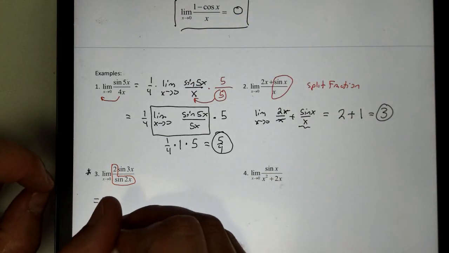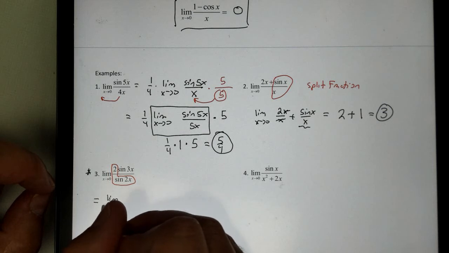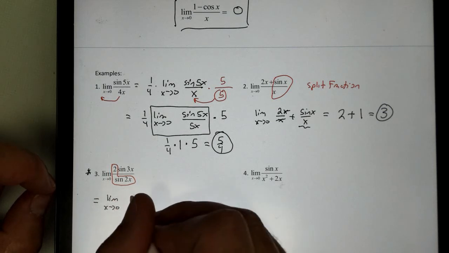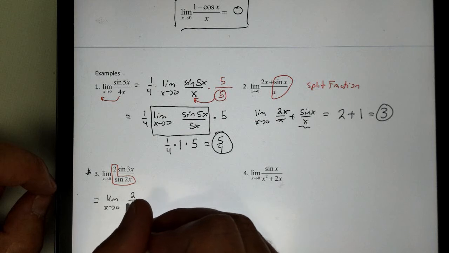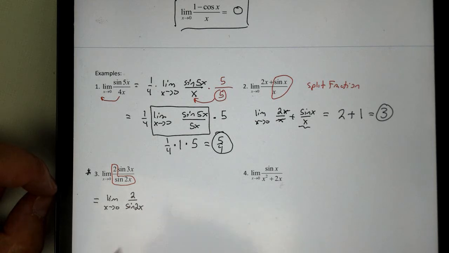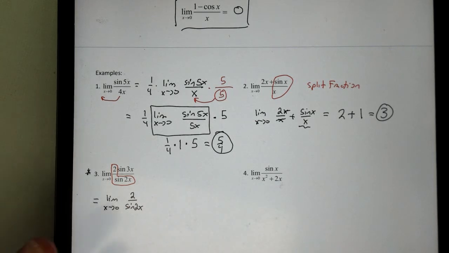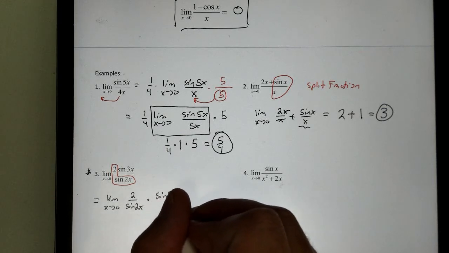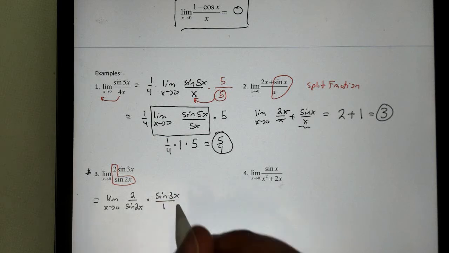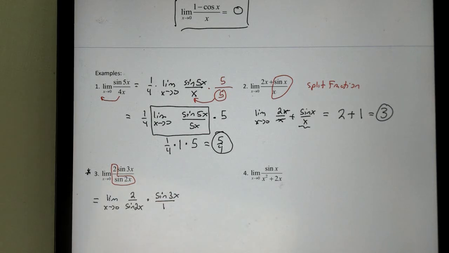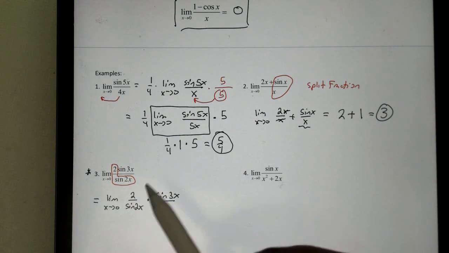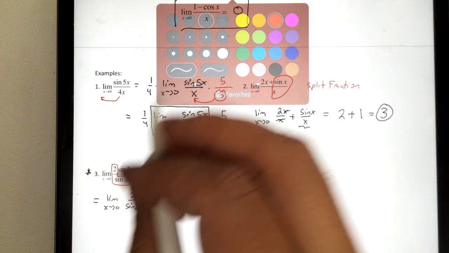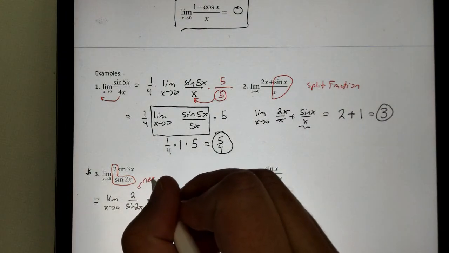When I rewrite this, we get the limit as x approaches 0 of 2 over sine 2x. I'm just going to isolate what I already have. Now I'm still stuck with this sine of 3x over 1. So now all I have to think about is what is missing here. The first one needs an x.